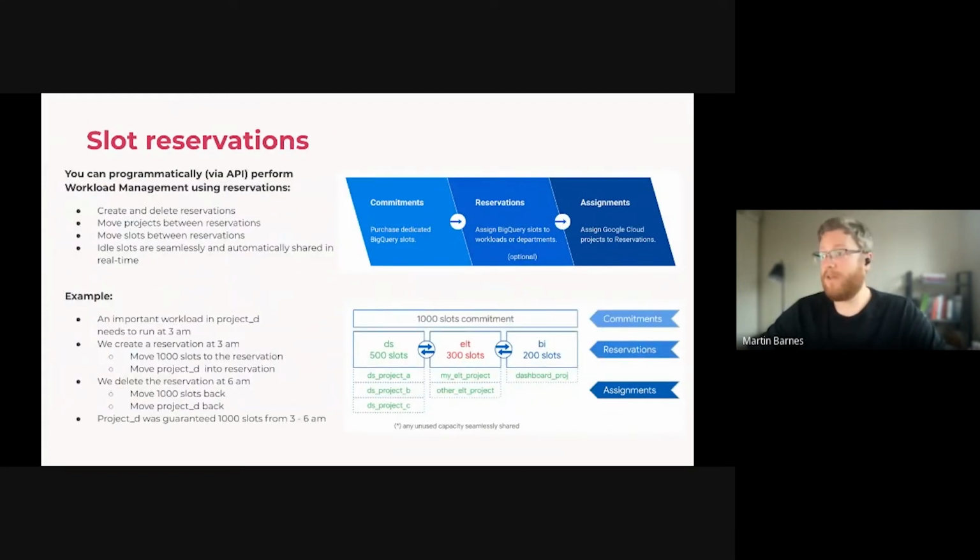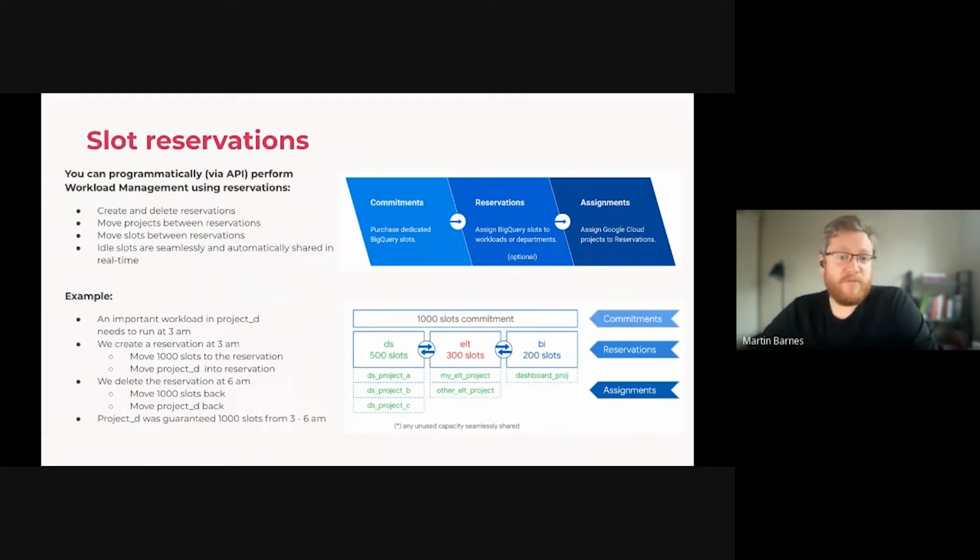So for customers that are more advanced in their usage or require specific guarantees around their BigQuery utilization, slot reservations can be used to guarantee through committing to a flat rate of BigQuery slots. And the example here is that you've got a commitment, which is how many slots you actually need.